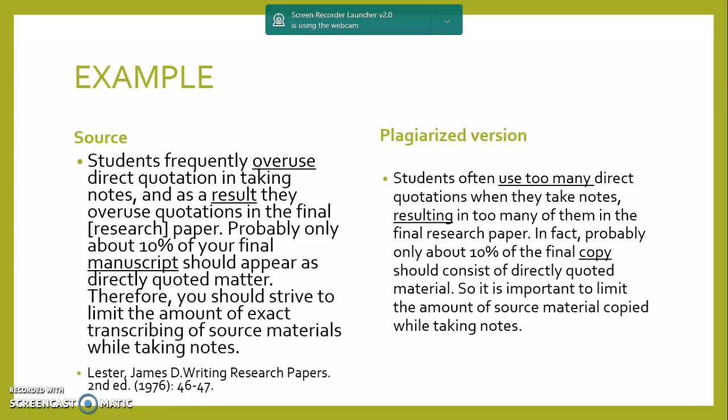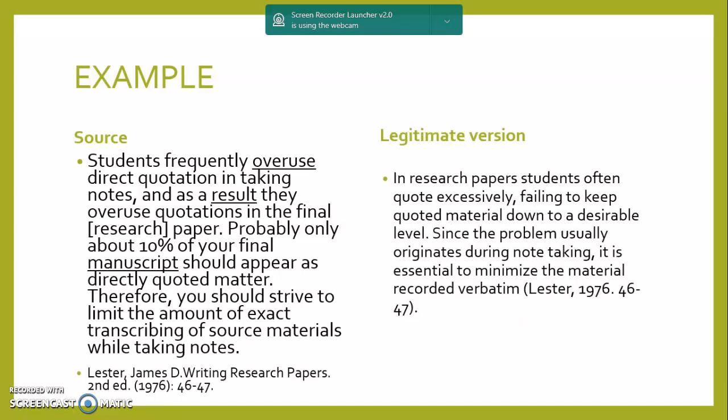For example, if it is an active sentence, you can change it into a passive sentence. This is the legitimate version. So you can read by yourself that the sentence structure is different, and there are no synonym words used similarly to the source.